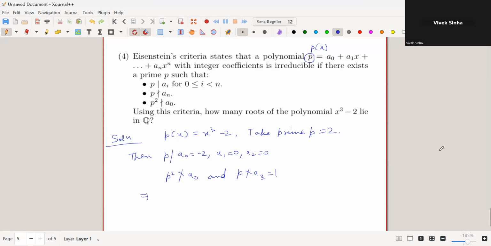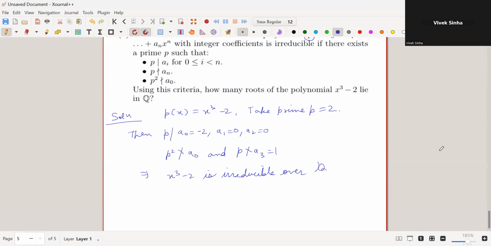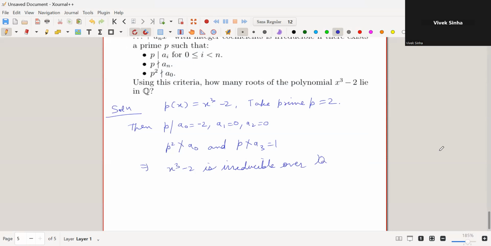So this implies x cube minus 2 is irreducible over Q. So it has no roots in Q. So the answer is 0. So it has 0 roots in Q. Okay.